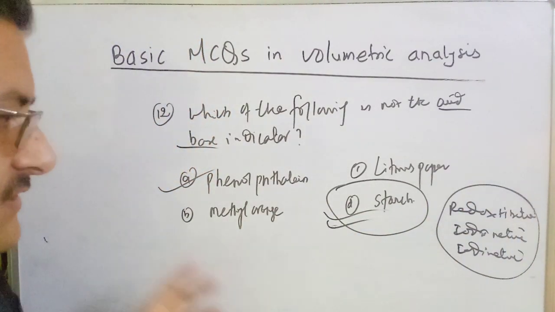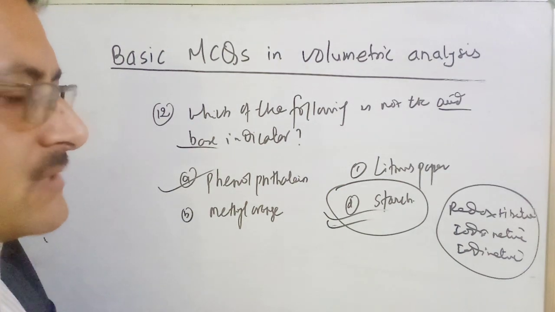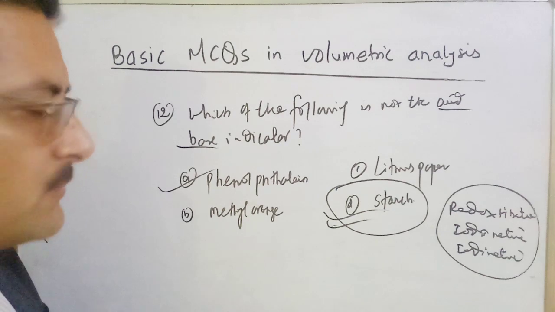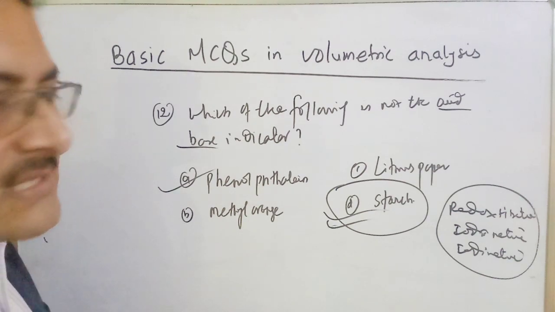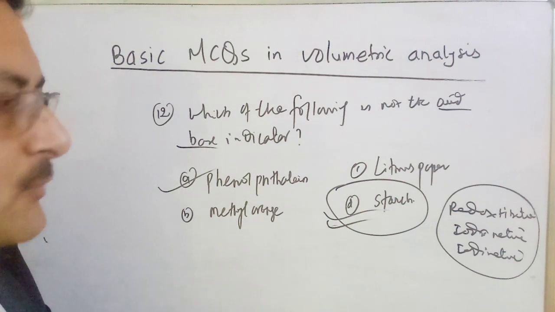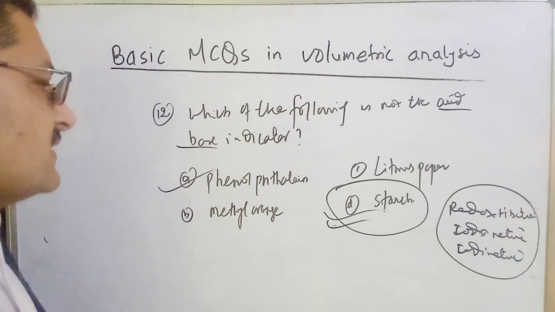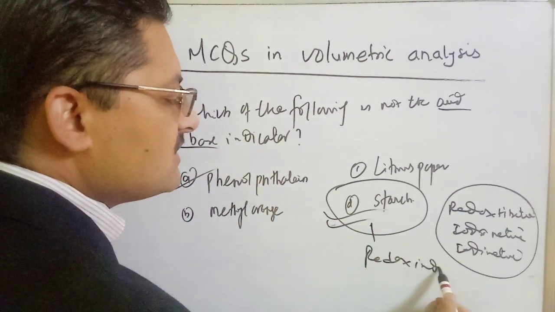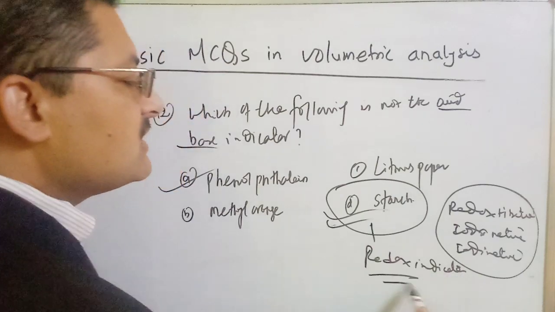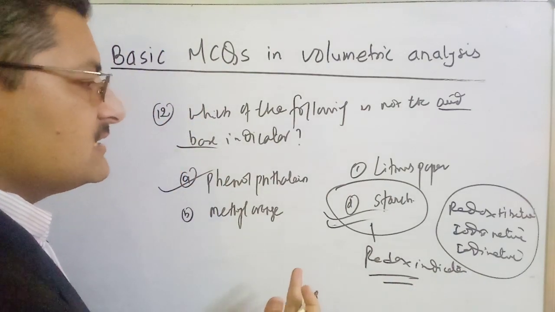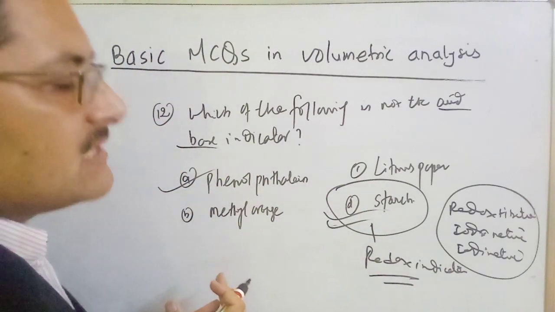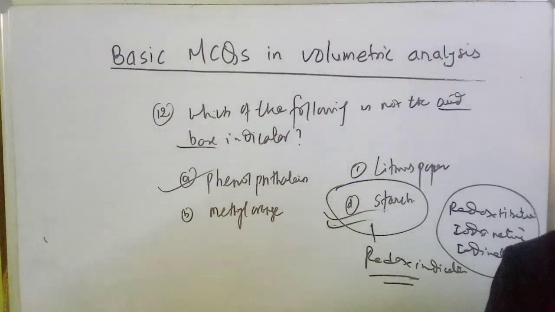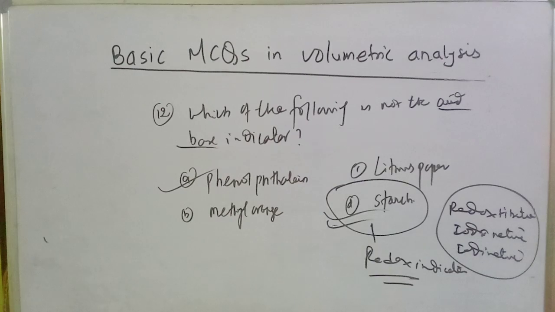So when reaction is completed, starch forms a complex with iodine and it gives a blue color, and the indicator indicates the endpoint, the equivalence point in the redox titration. Therefore here starch is a redox indicator, but not an acid-base indicator. The other 3 are acid-base indicators that can be used for acidimetry and alkalimetry or acid-base titration. So that is number 12.